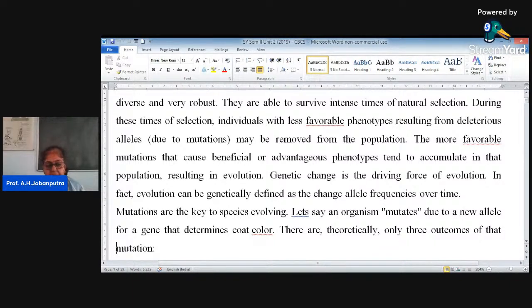For example, in case of eukaryotes, the color of the pea plant or the coat color of mice, whether it is albino, whether it is white, whether it is black. So, those are the phenotypic characters which are changed due to some type of changes in the alleles.